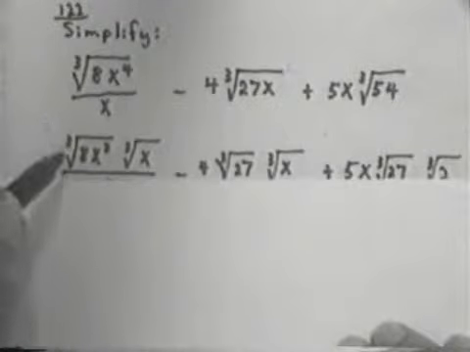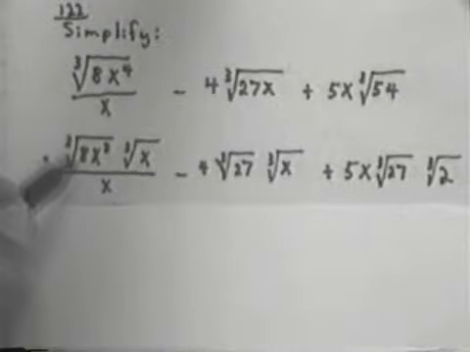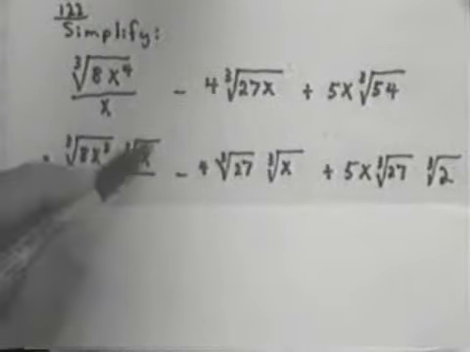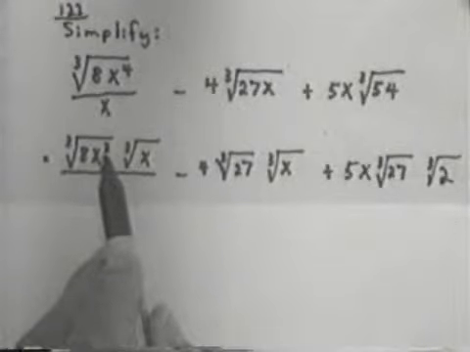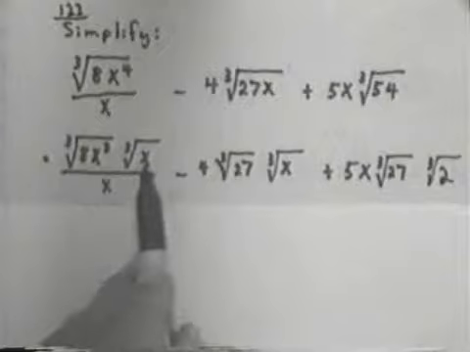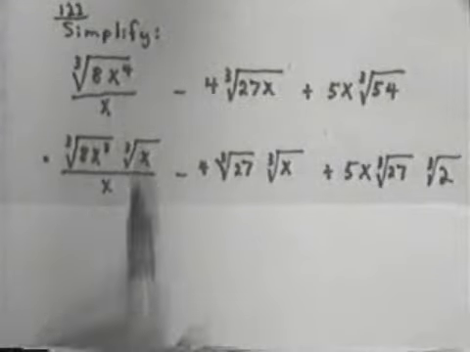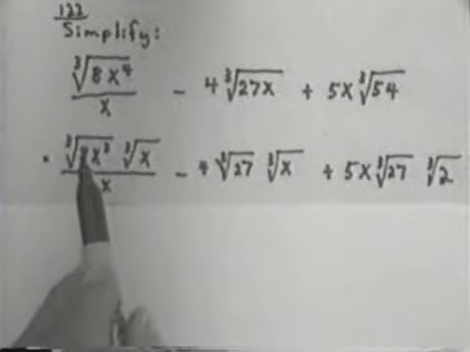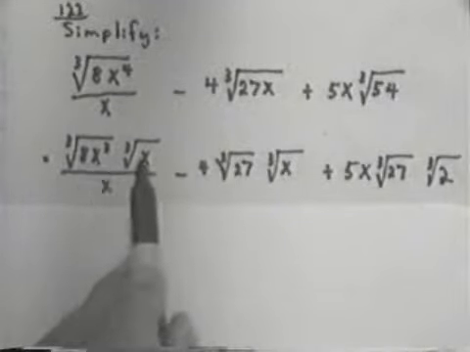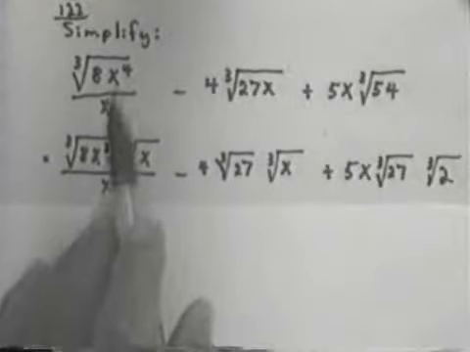So I can factor it into the cube root of 8x cubed times the cube root of x. Now remember the two questions. You ask yourself, is this one a perfect cube? And if I multiply the two together, will I get the original? 8 is a perfect cube, x cubed is a perfect cube, so we're okay there. If I multiply 8x cubed times x, I get 8x to the 4th, so we're okay there.